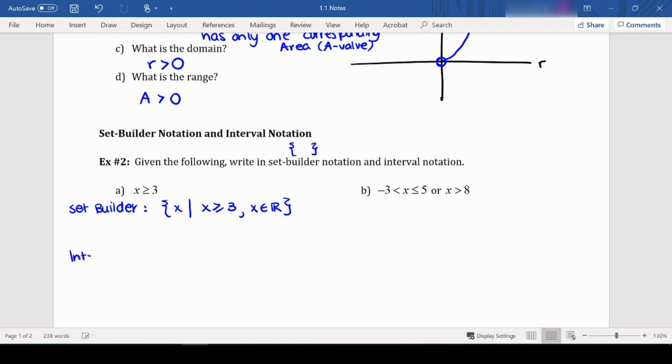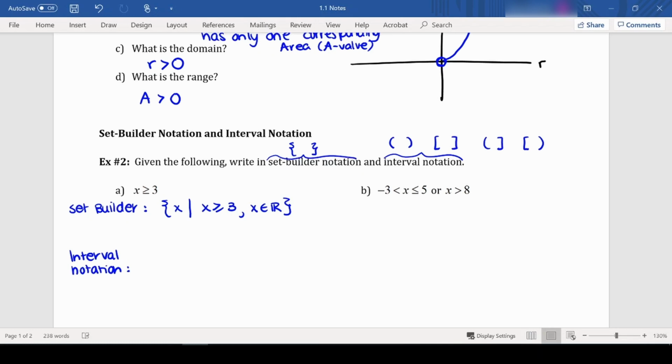Interval notation. You're going to use sets of brackets, either round brackets or square brackets or some combination of the two. Basically, the square bracket means you're going to include that value. The round bracket means you are not going to include that value.